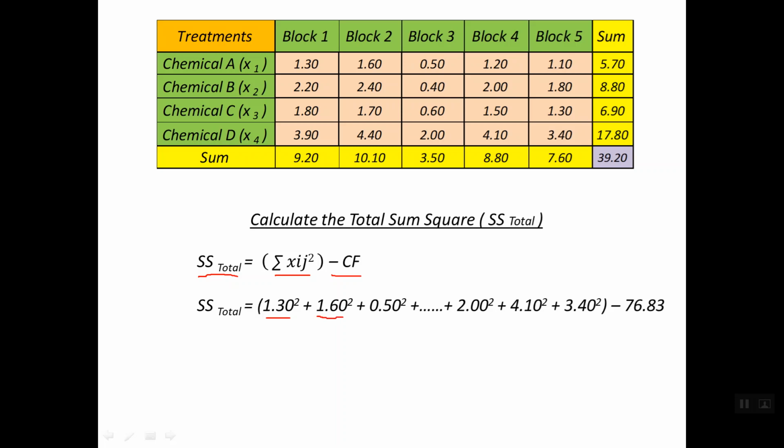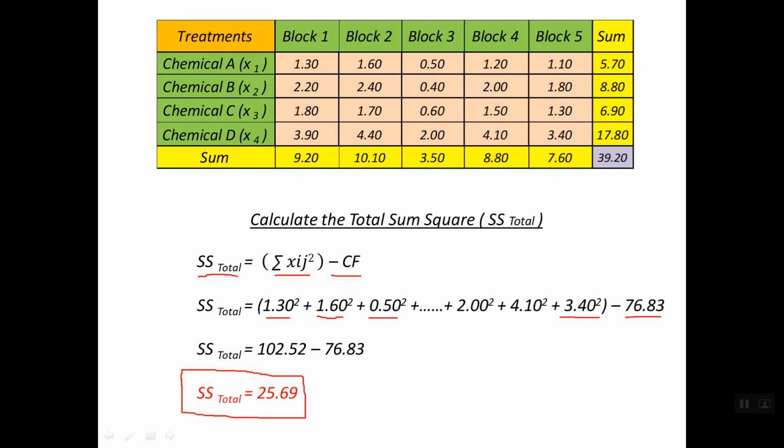This is X12 squared. This is X13 squared, plus, plus. And finally, we have here X45. We square all of these values and subtract the correction factor. So if you proceed, you can get the value of the SS total, which is 25.69. So this is the way to calculate the SS total.